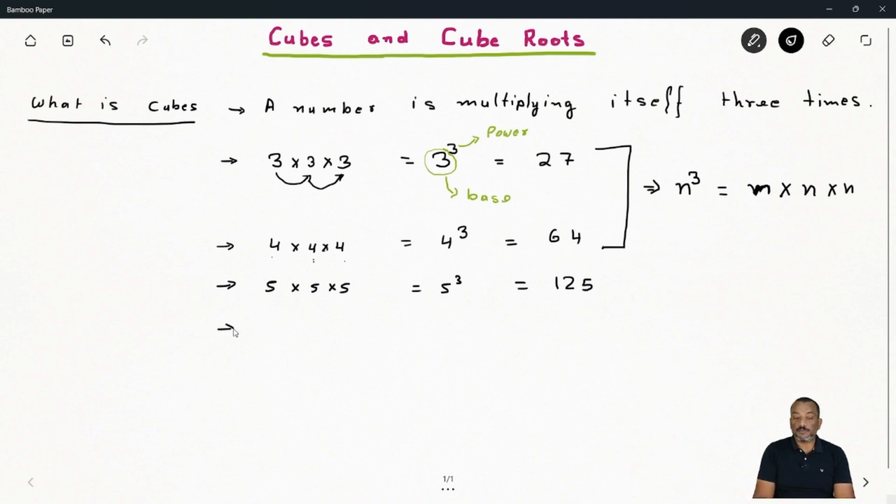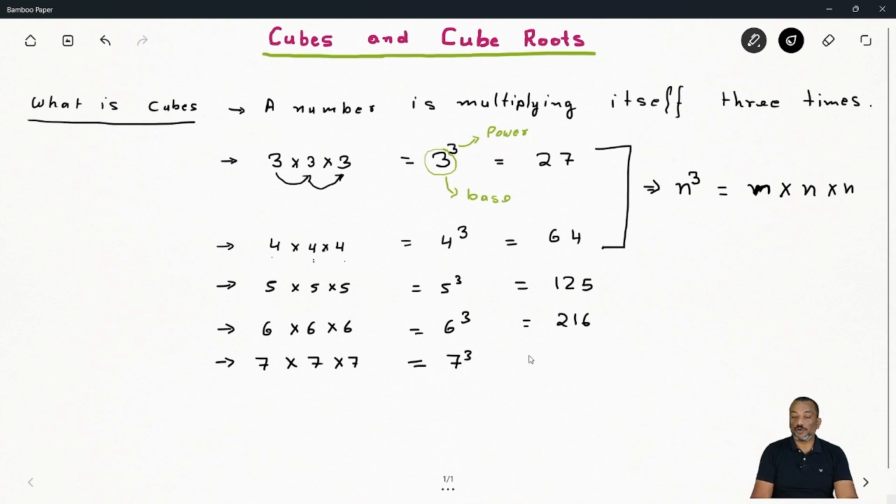Now same way अगर हम बात करें 6 का, so 6 times 6, 6 times 6, so this is called 6 cube, and the answer of this 6 cube will get 216. Okay, same way अगर आप यहाँ पे देखोगे 7 times 7 times 7, so you will get 7 cube.